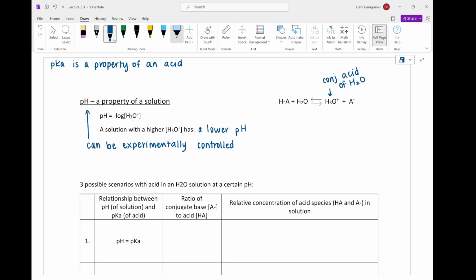You can control the pH of a solution by adding more acid that will increase the concentration of H3O plus, which lowers the pH. Or you can add a base like NaOH, and that will in turn raise the pH.